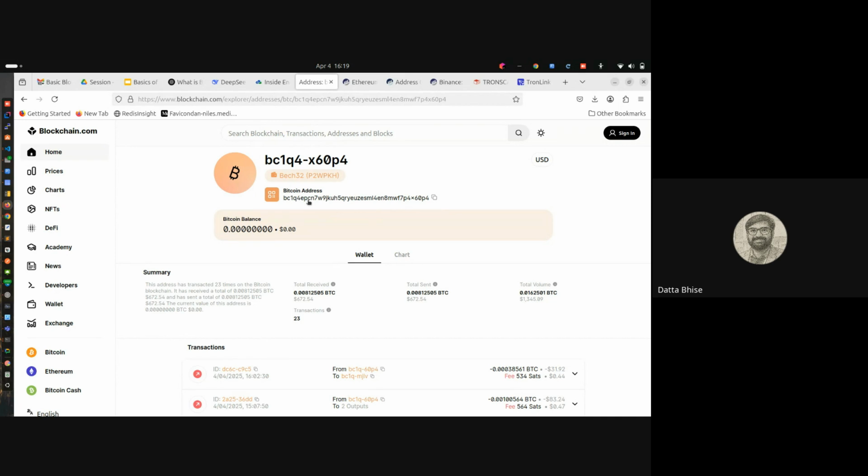We have a pair of public key and private key, both in hex form. This is the public key, shown as an address. Each blockchain encodes something and shows it as an address.